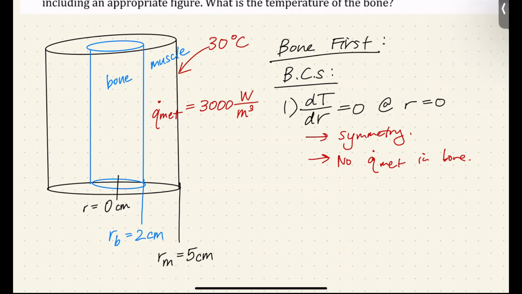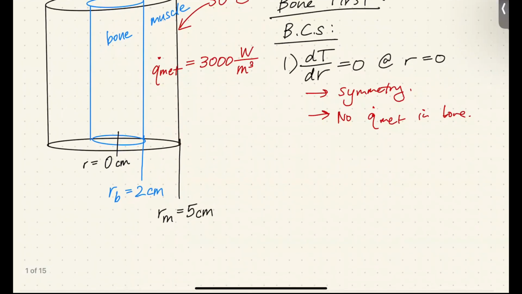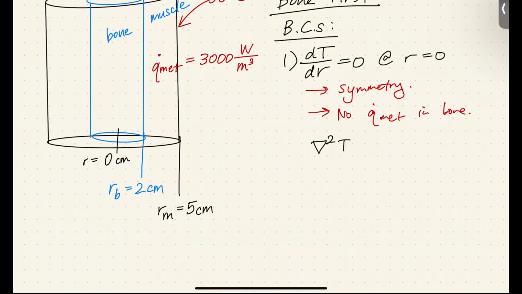That means, as I wrote earlier, we essentially have the Laplacian operator for temperature plus Q_met equals 0, so we essentially have 0, right? This is another way to think about it too.